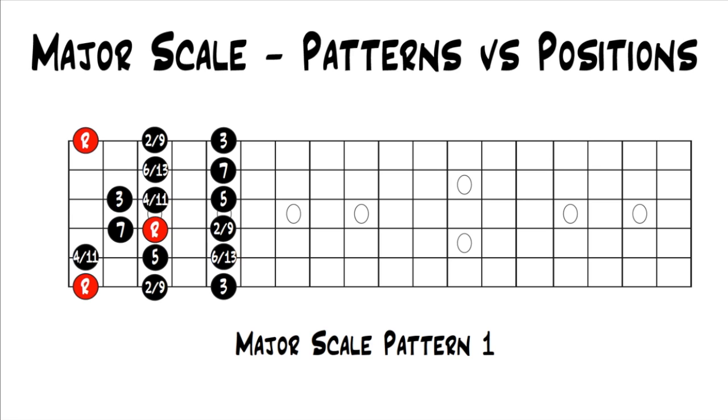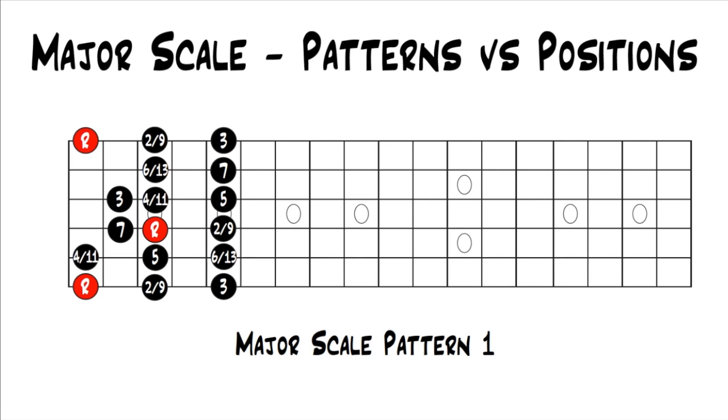And just to clarify, all scales have patterns. The patterns for different scales are different. They have different shapes just because the interval structures are different for different scales, but they still have patterns. So for example, there's a scale called the minor pentatonic scale that has 5 patterns. So pattern 1 would start on the first note of the scale, the root of the scale, just like a major scale pattern 1 starts on the root of the scale.